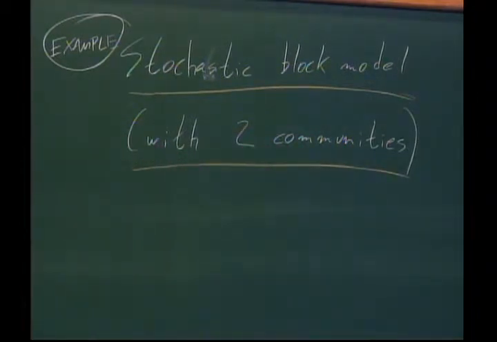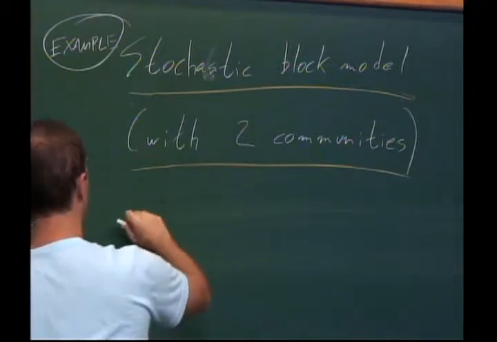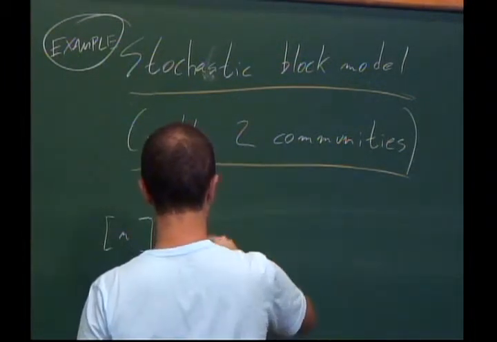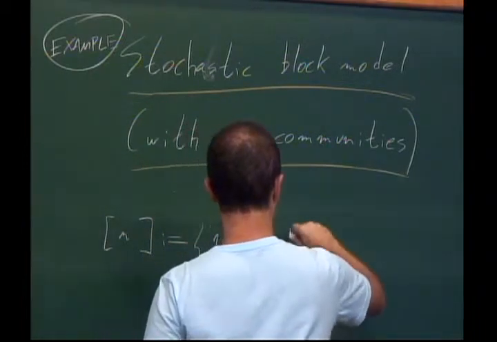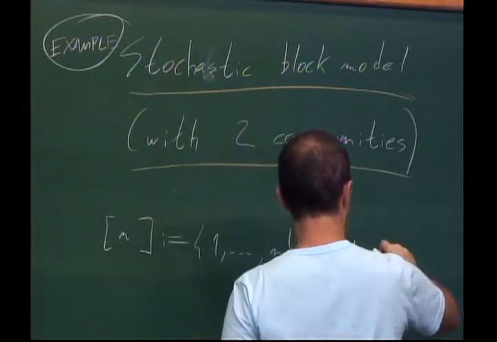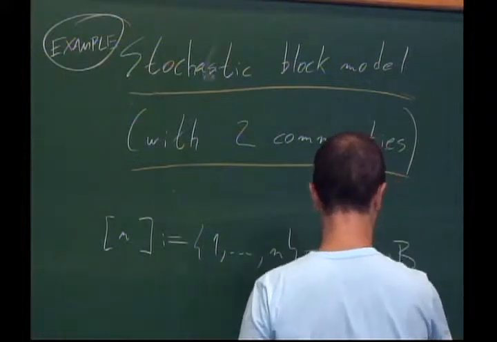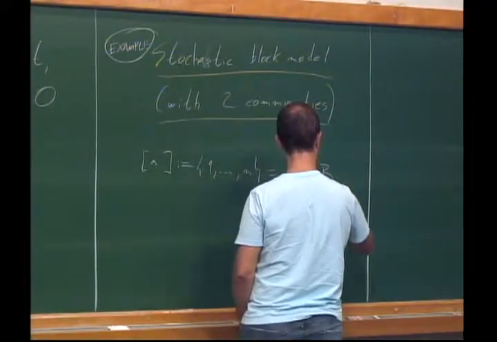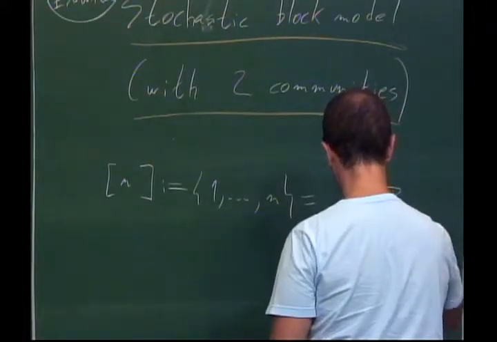Right, so what is this? Well, let's say you have numbers from 1 to n, so bracket n is just a set of numbers. And you partition the set into two parts. I want A and B to be non-empty and to have empty intersection.